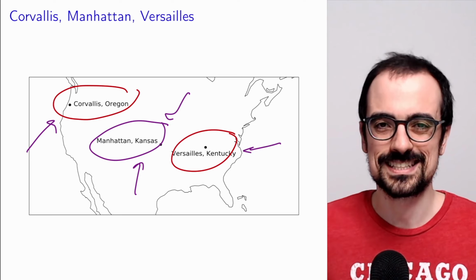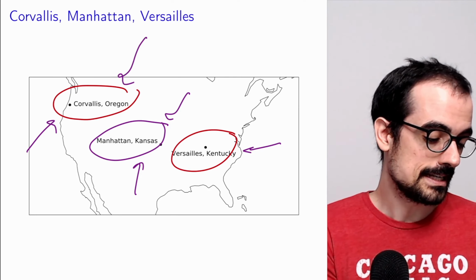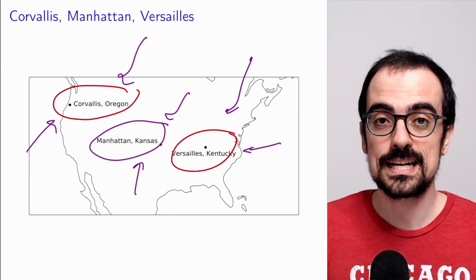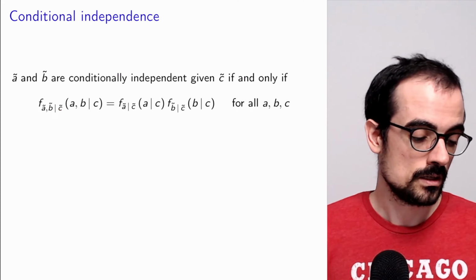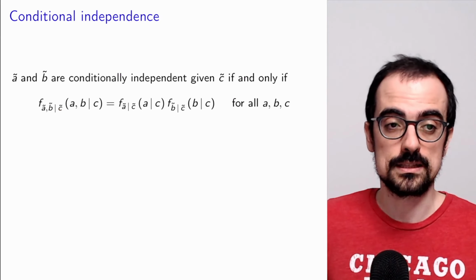So that's the logic. When this is taken to the extreme and this guy and this guy are independent, given that we know what's going on in Kansas, then we say that the two random variables are conditionally independent. The definition mathematically is very similar to the one for independence.